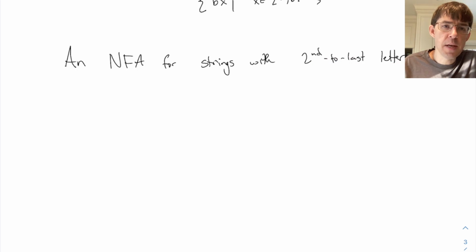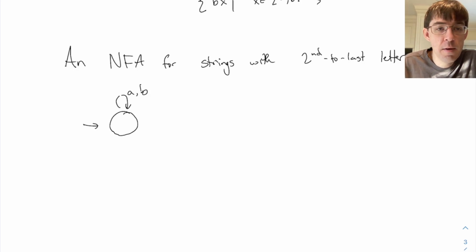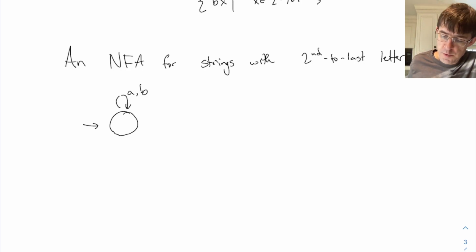Second to last letter is an A. That means I could do anything at the beginning, and then an A, and then one more thing, and then stop. So the way that I would write that is, here's my anything at the beginning. You can do whatever you want for as long as you like at the beginning of the string.